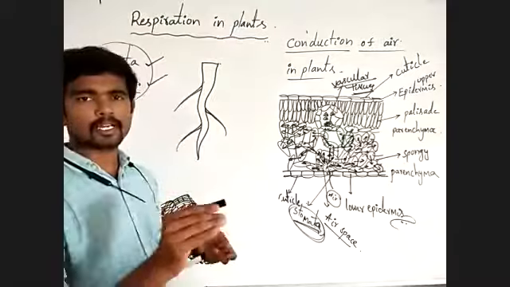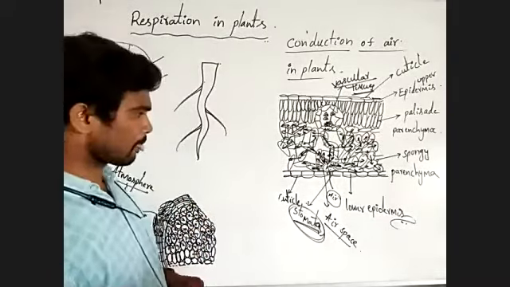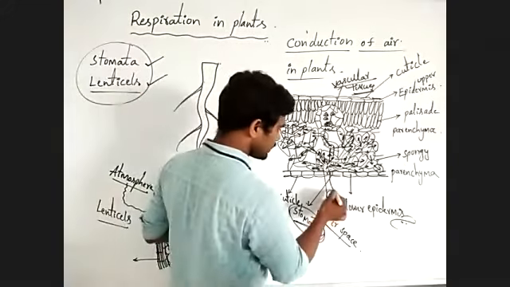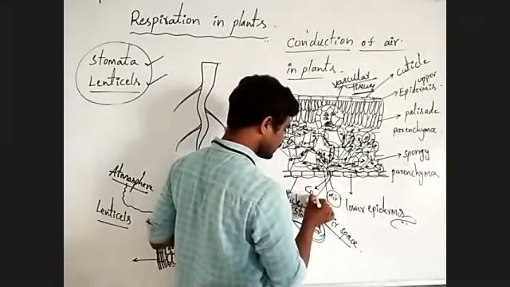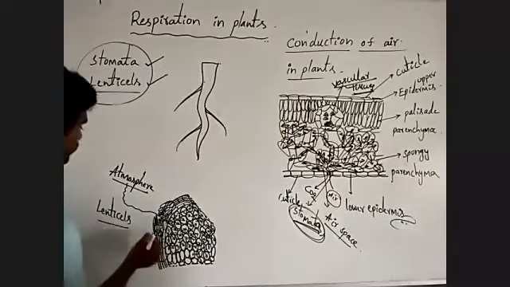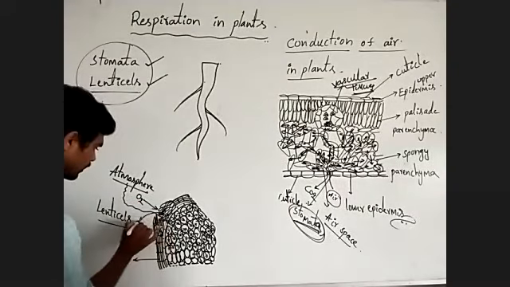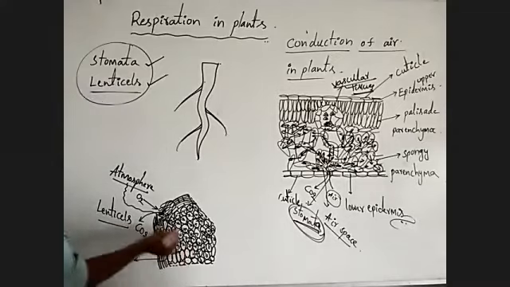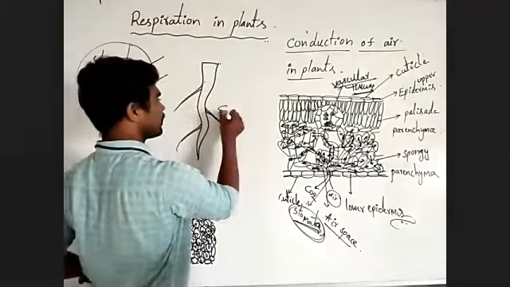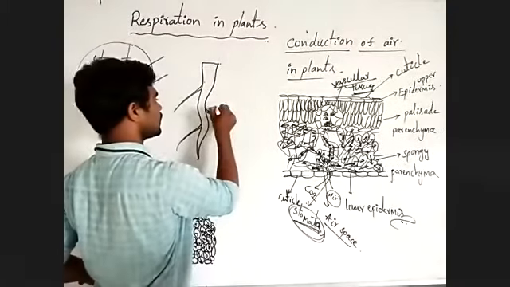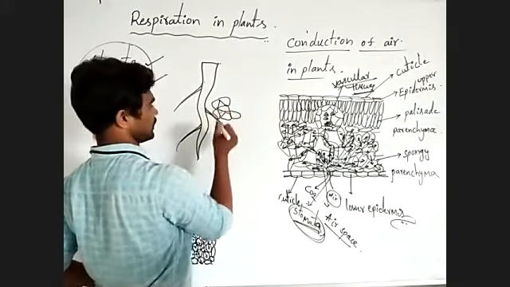The entire surface of the root is involved in the gaseous exchange process. Here oxygen enters. Next, carbon dioxide is released out. Here also it is the same. Air enters the root system from the intercellular spaces, or air spaces, present between the soil particles.